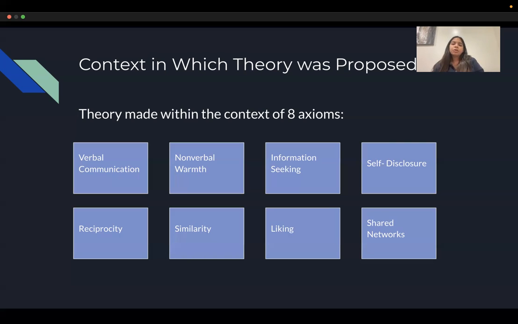Sixth, similarities between people reduce uncertainty while dissimilarities increase uncertainty. Level produce decreases in liking, while decreases in uncertainty produce increases in liking. Finally, the last axiom states that the shared communication networks reduce uncertainty, while lack of shared networks increases uncertainty.